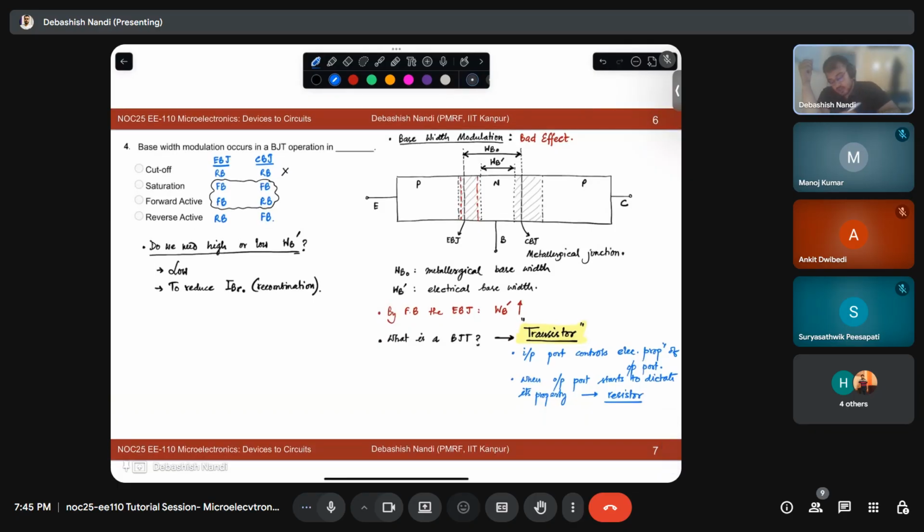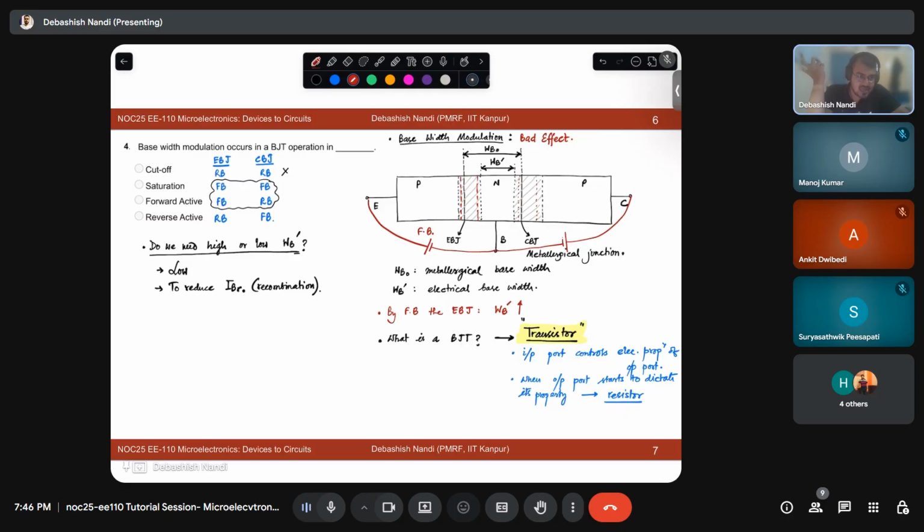Fine. So this terminal is your forward biased. Now what will happen if I let's say forward bias this one? What will happen in case of the depletion width? It will shrink. That happens in case of saturation, right? So your WB dash will then again increase. So there is no point in how your IC is getting affected.